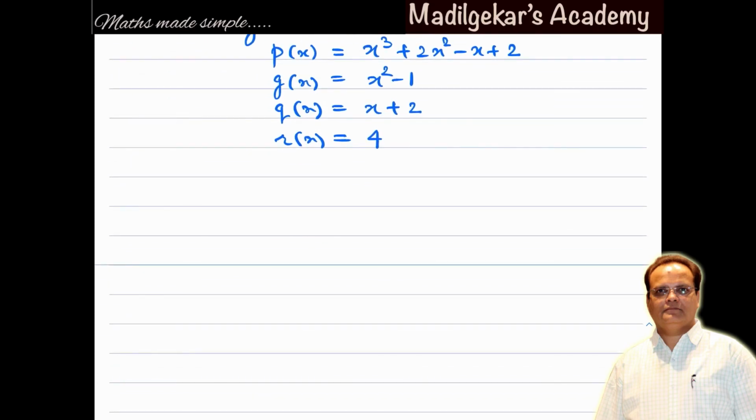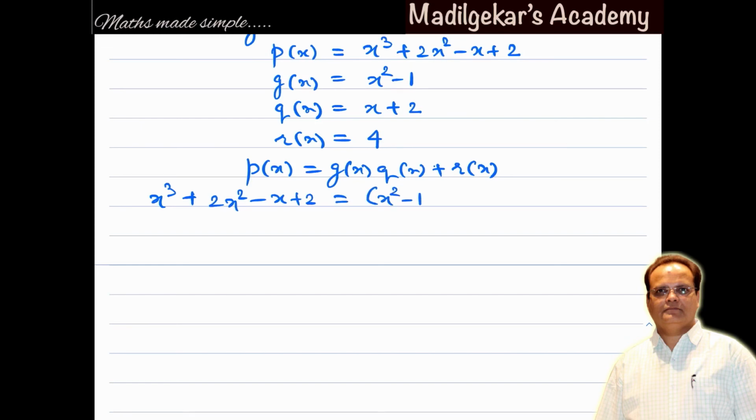By using division algorithm, p of x equals g of x into q of x plus r of x, that is x cube plus 2x square minus x plus 2, g of x is x square minus 1, q of x is x plus 2, r of x is 4.